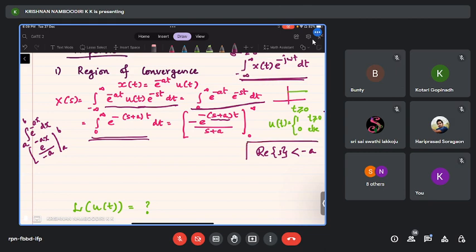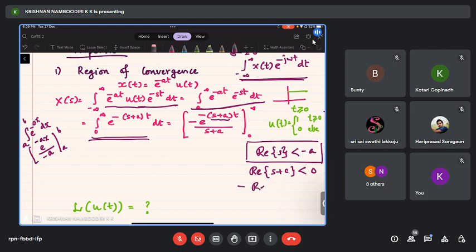Under this condition, the real part of s plus a will be less than 0. Agree? So we have e power minus s plus a into t, right?